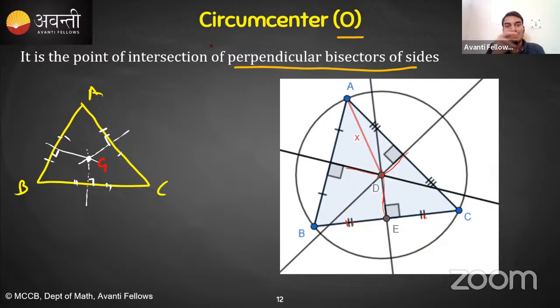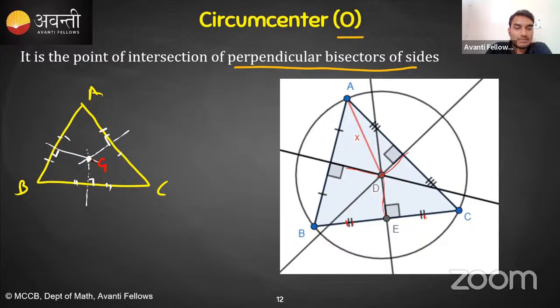Don't say, sir, this is the intersection of three perpendiculars, so it should be the orthocenter. No, this is the perpendicular bisector of the side. There is a big difference between the orthocenter and the circumcenter. Many students get confused, and I don't know why. The orthocenter is simply the point of intersection of the altitudes of the triangle.